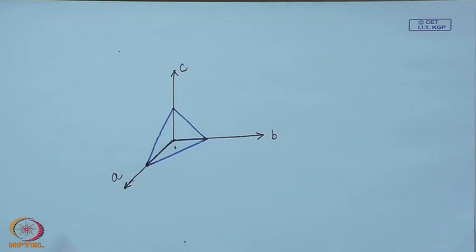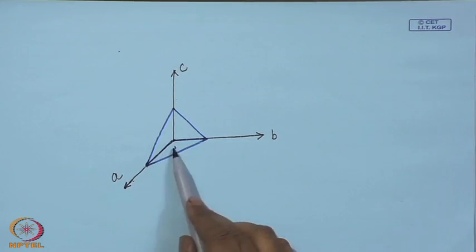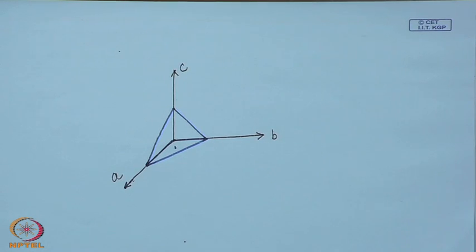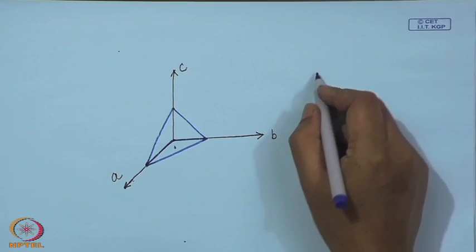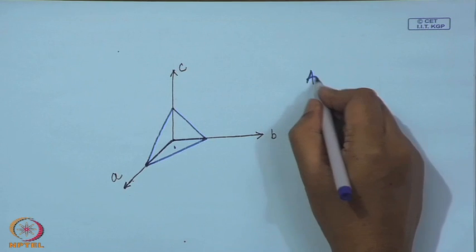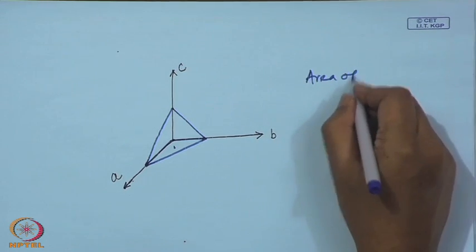Similarly, the face lying on AC has area delta A2, and the third face lying on the plane AB has area delta A3, and the area of the inclined face is, let us say, delta A. The areas of the faces are like this.